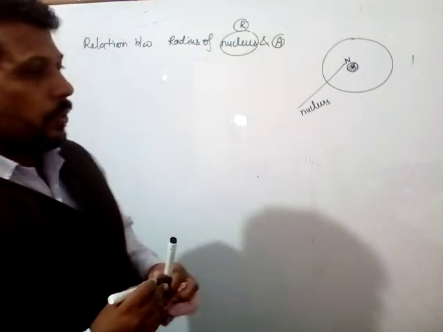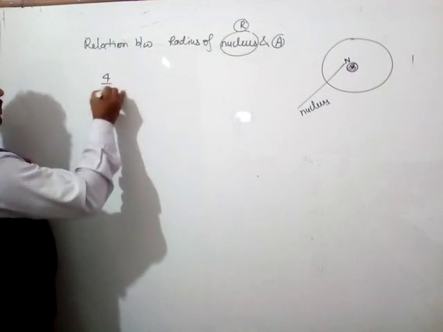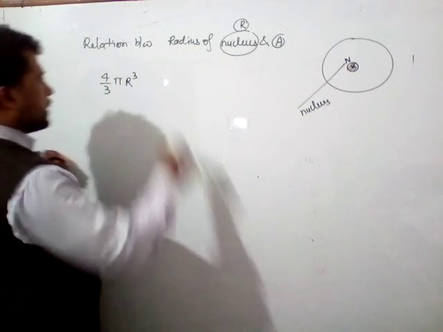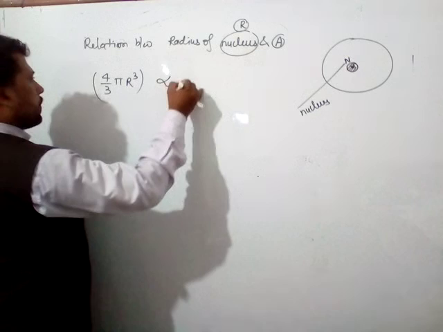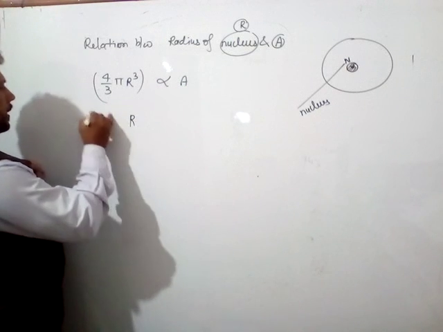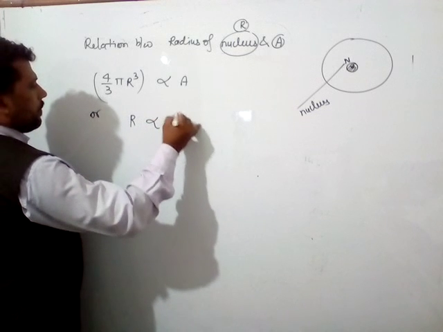Okay, so in this way we can say that the volume of the nucleus is directly proportional to its mass. According to this we can say that R is proportional to A power 1 by 3.